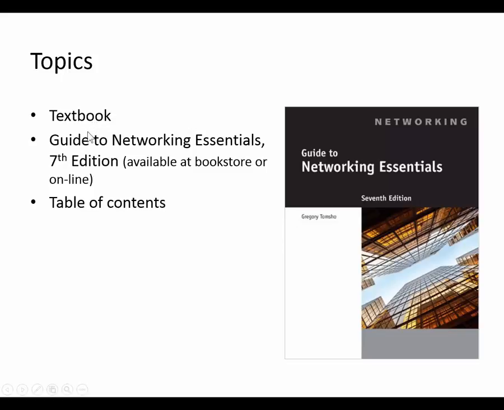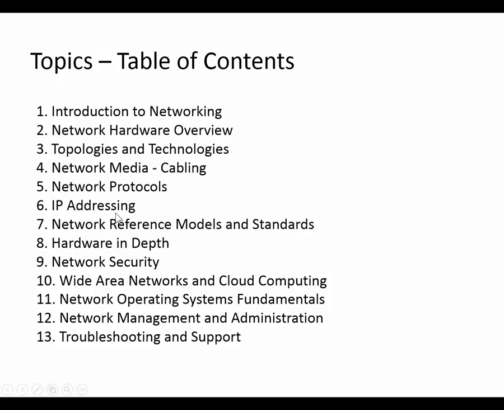If we look at our textbook, Guide to Networking Essentials, 7th edition, which is available at the bookstore or online, and if we look at the table of contents, we will see that there are 13 chapters: Introduction to Networking, Network Hardware Overview, Topologies and Technologies, Network Media, Network Protocols, IP Addressing, Network Reference Models and Standards, Hardware in Depth, Network Security, Wide Area Networks and Cloud Computing, Operating System Fundamentals, Network Management and Administration, and the last chapter is Troubleshooting and Support. These are the topics that we will be covering.